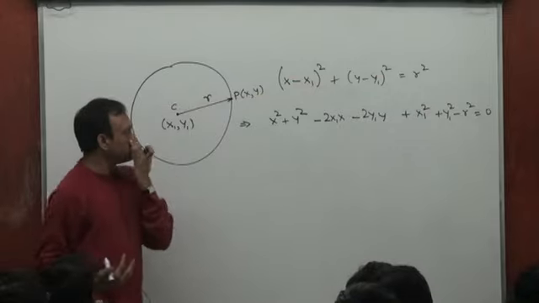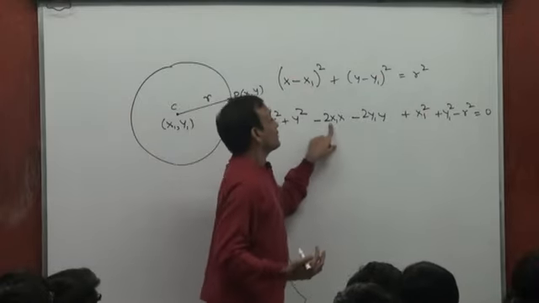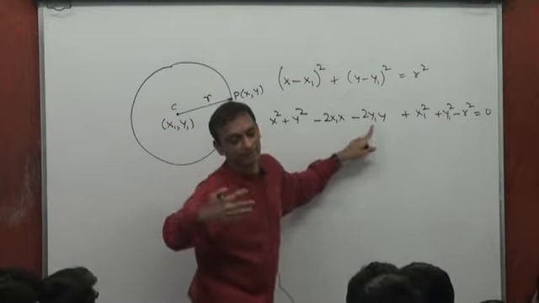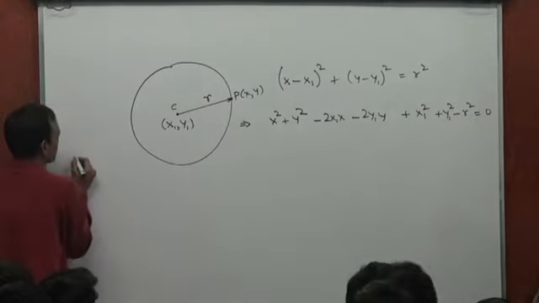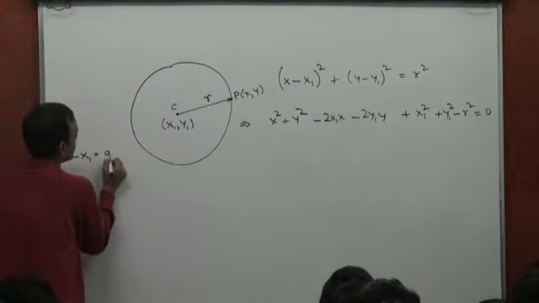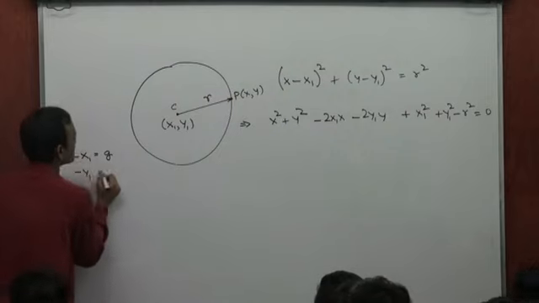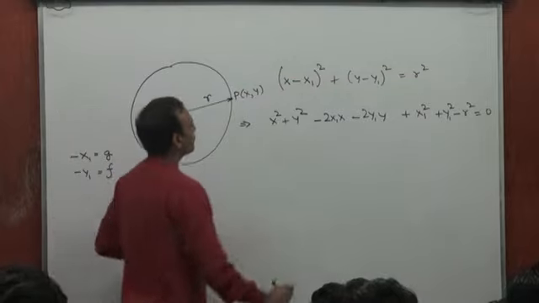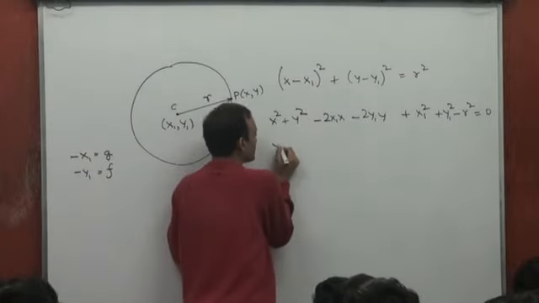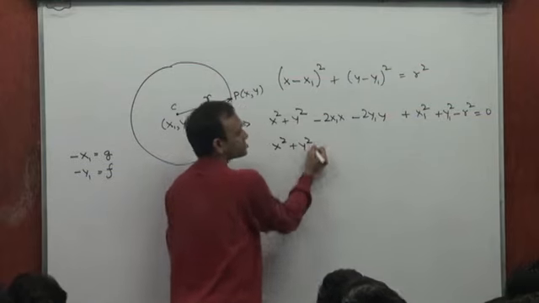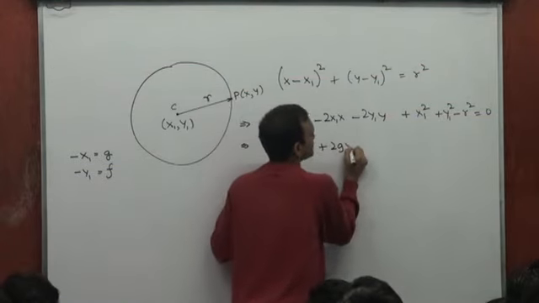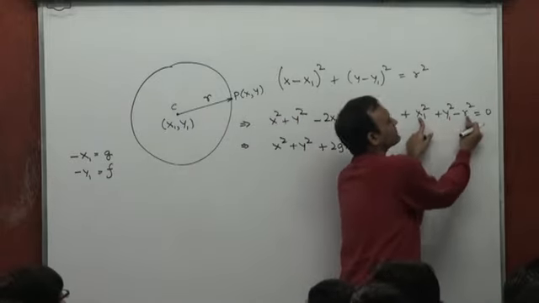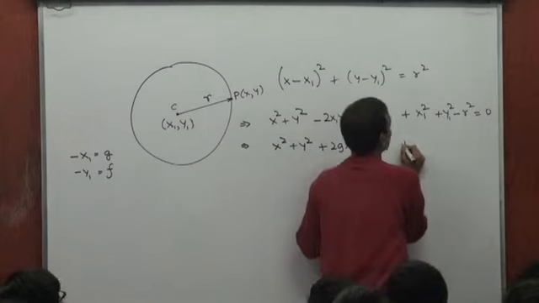Customarily, this minus x1 is written as g, minus y1 is written as f. It is customary to write minus x1 as g and minus y1 as f. In which case, this becomes x square plus y square plus 2gx plus 2fy, and this x1 squared plus y1 squared minus r squared is customarily written as some c.